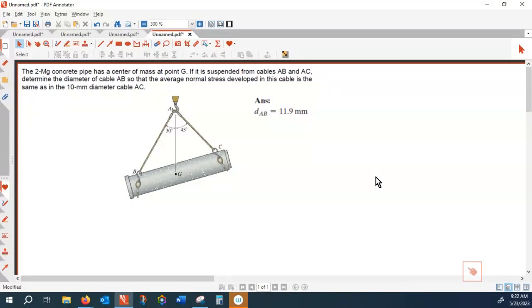It's very similar to the previous problem. So again, to make a judgment regarding the performance, you need internal forces, you need the cross-sectional areas, and you need the limiting stress.